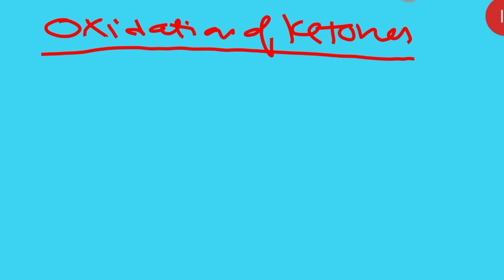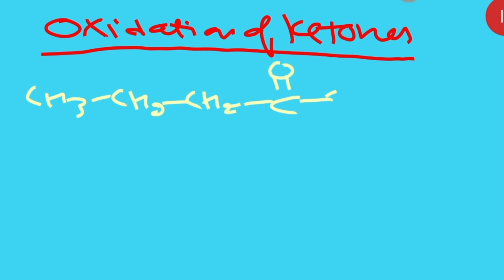Let me take an unsymmetrical ketone, CH3CH2CH2COCH3. Why unsymmetrical ketone? Because here there are 3 carbons, and here only 1 carbon.